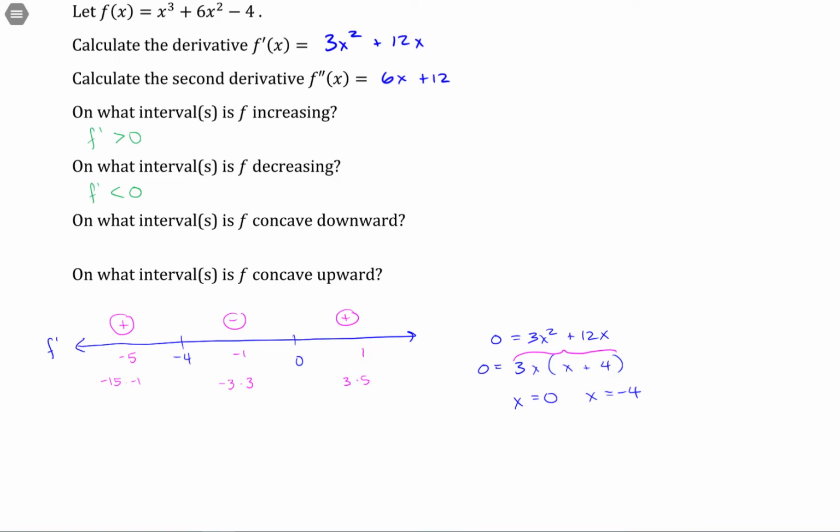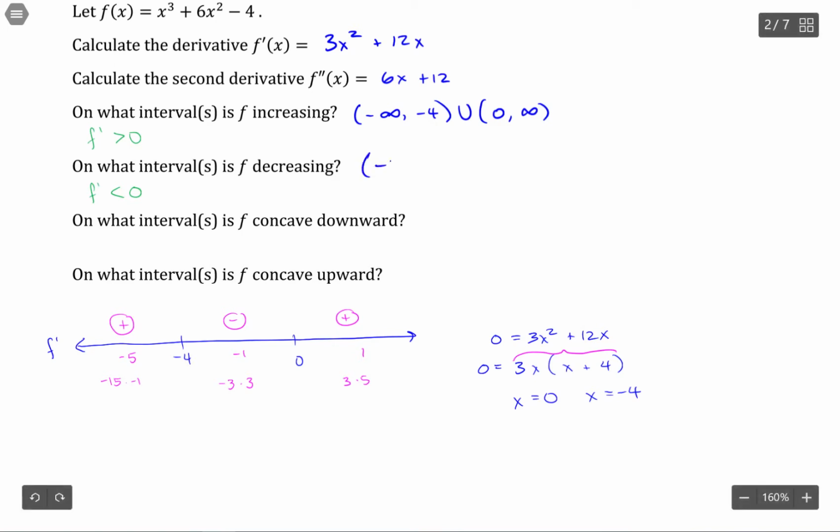I am increasing on the interval from negative infinity to negative 4 because the derivative is positive there. And I'm increasing from 0 to positive infinity. On what intervals is f decreasing? That's already answered here in my chart, just wherever the first derivative is negative. So from negative 4 to 0.